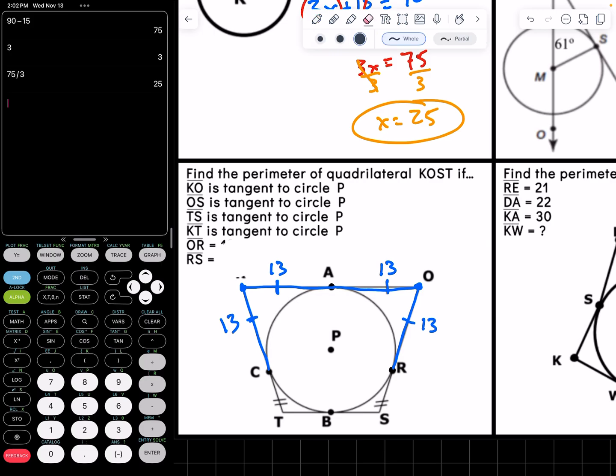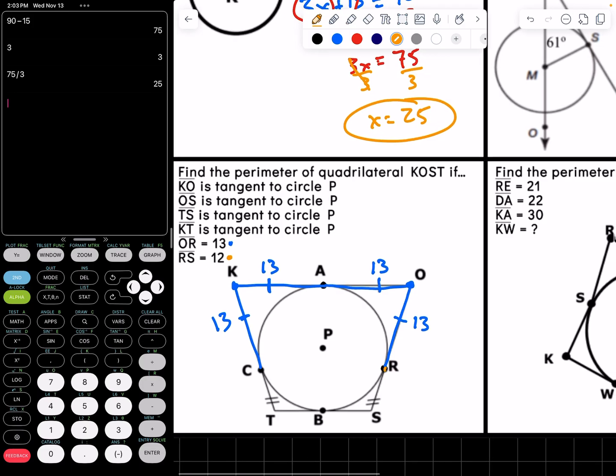I can do the same thing with RS. So RS is going to be 12. So I know that CT is also 12 because of those double lines. And then I know that BS and BT both meet outside the circle at that point, just like BT and CT. So all those pieces are going to be congruent to each other.